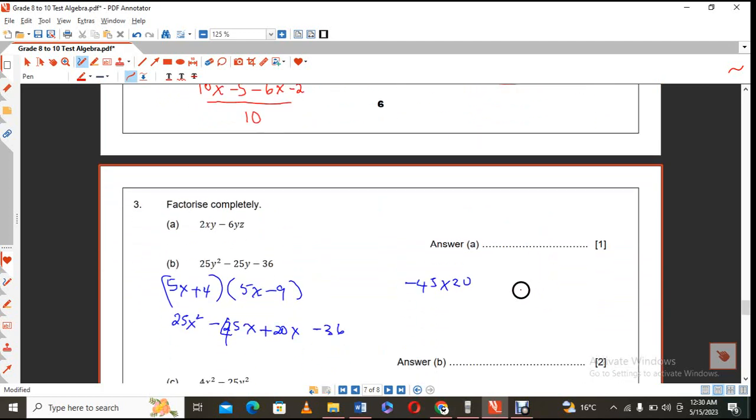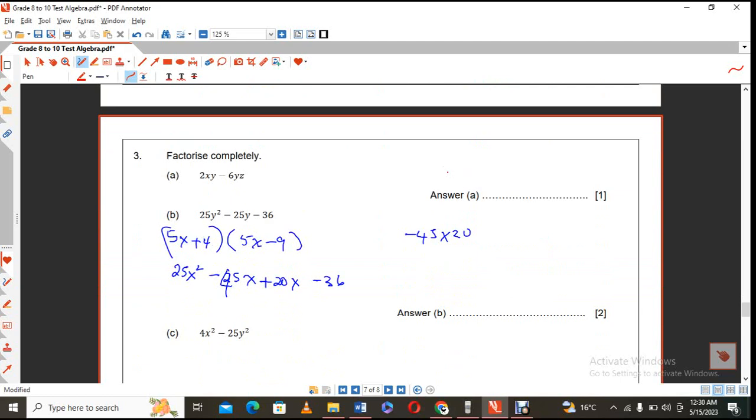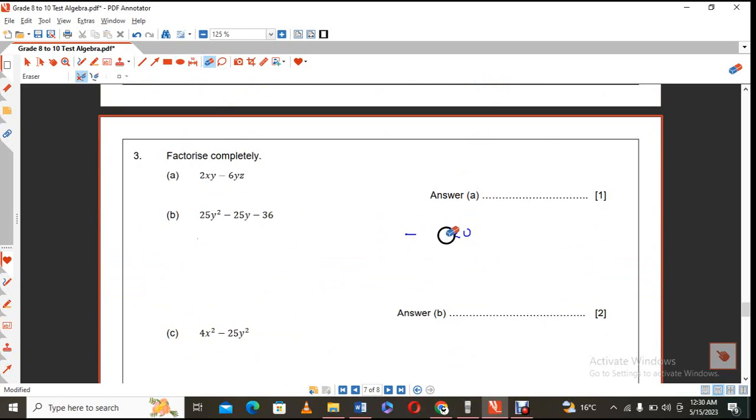All right, the next question, let me just clean this up. Okay. So the first one, you're supposed to factorize. You've got two terms, and when you factorize two terms, you take out a common factor, or it's either the difference of two squares.